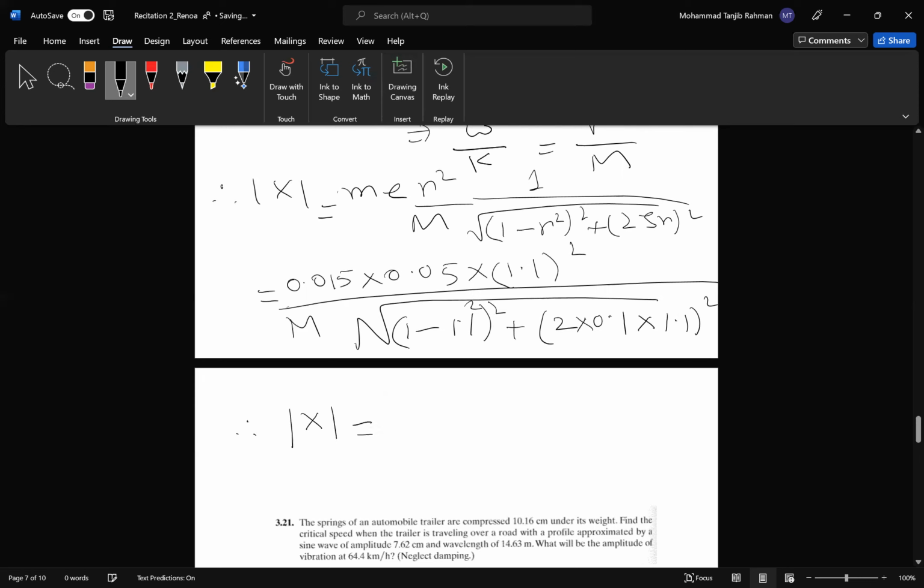And our final answer would be X equals 0.00298 by M meter.